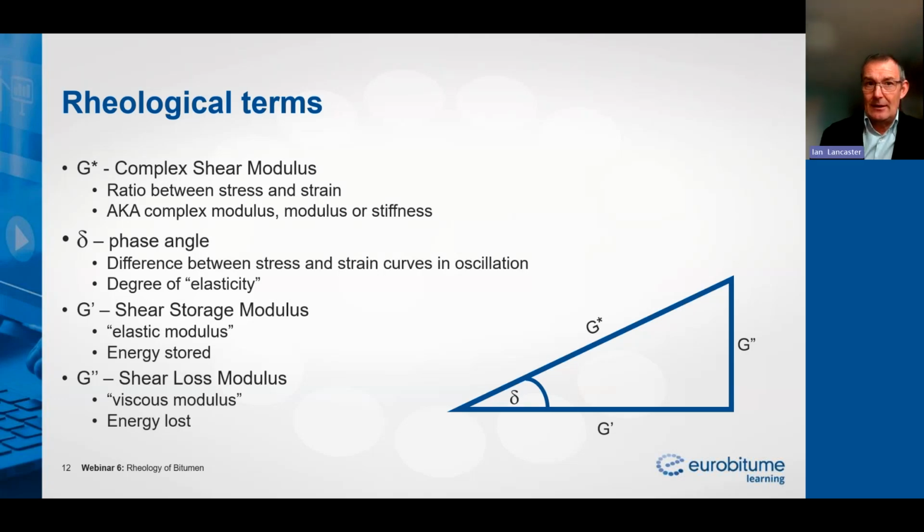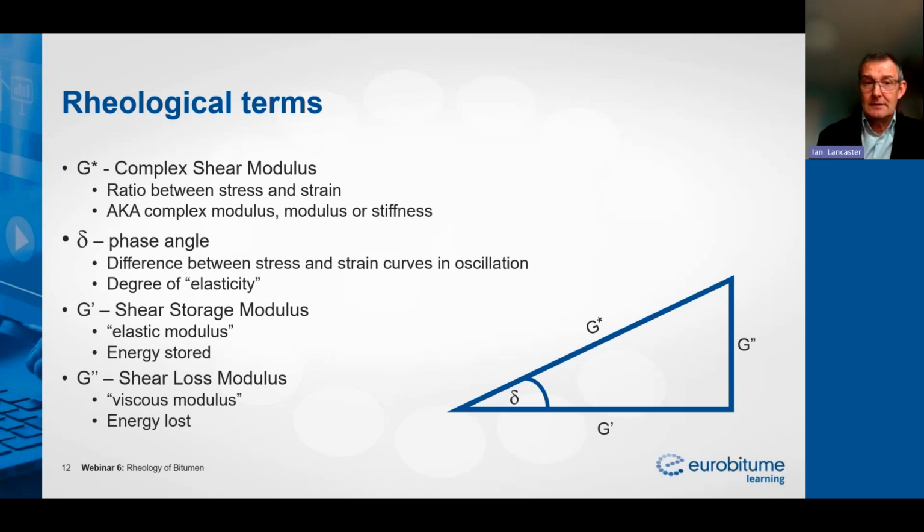Delta, the phase angle, that's the difference between stress and strain, those stress and strain curves that I showed you before, the phase angle, as it's called. And it gives you an indication of the degree of elasticity of the product, of the binder. Two other terms not in quite so common use for bitumen and bituminous binders at the moment.